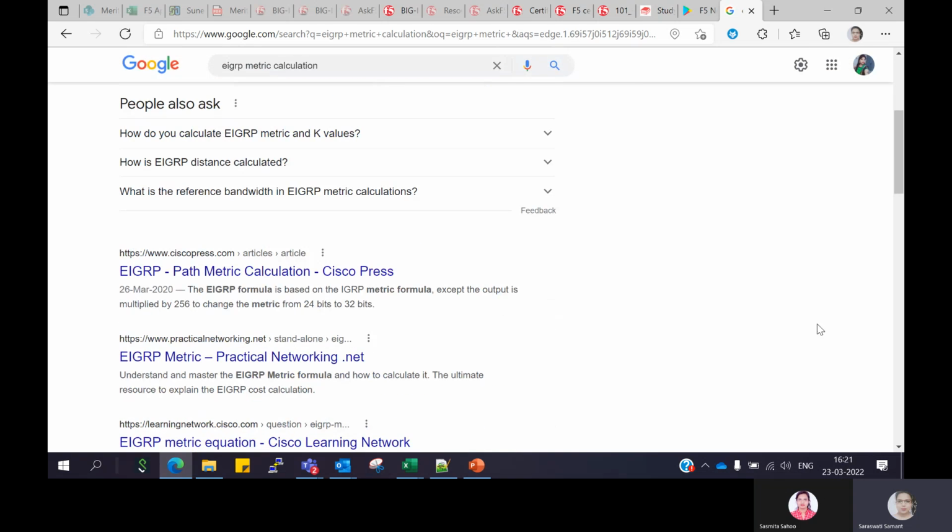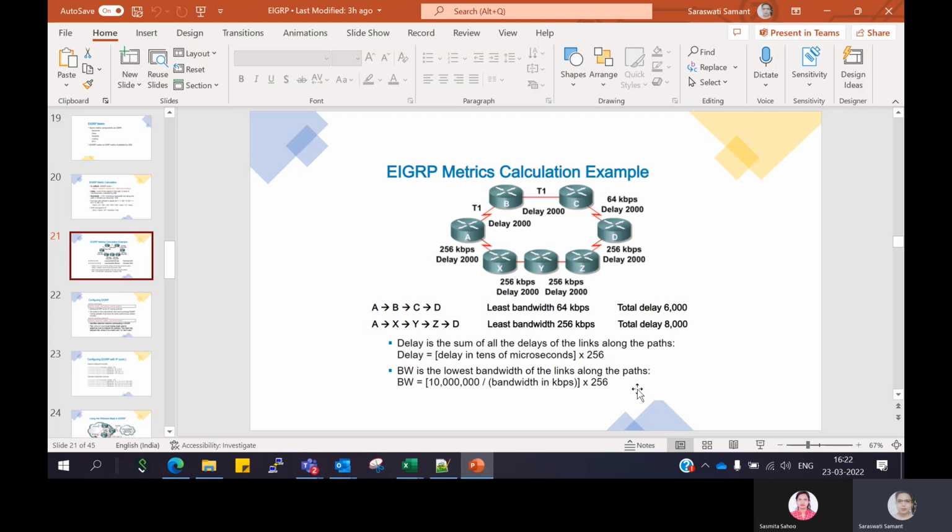It's 10 raised to 7 divided by the bandwidth of the slowest link, into 256. So that's how it will consider this path.